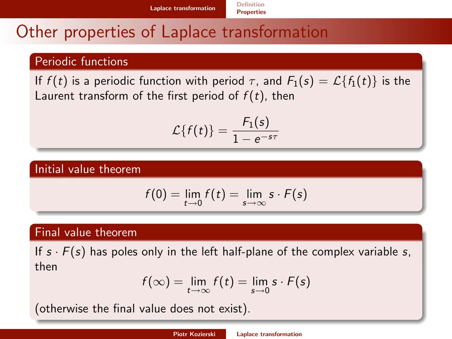However, before we start calculating the final value, we should check whether all poles of the expression s times F of s are in the left half plane of the complex variable. If so, then one can proceed to the calculations, and if not, then the final value doesn't exist.